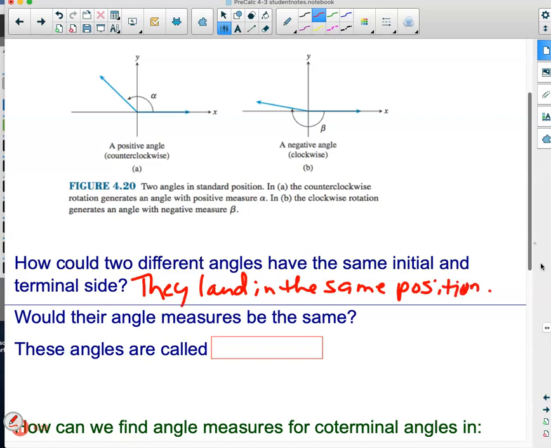And that position is where the terminal side is. And we already have studied that. We know that that could happen. So would their angle measures be the same? Not necessarily. No, not necessarily.